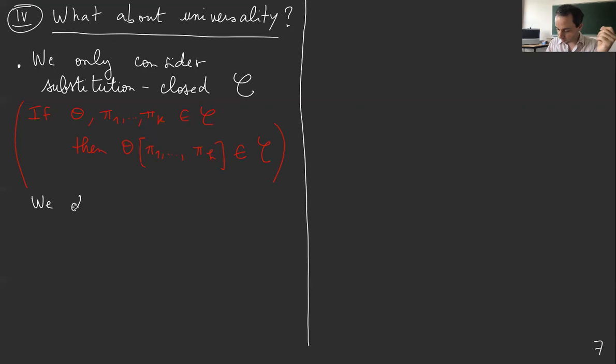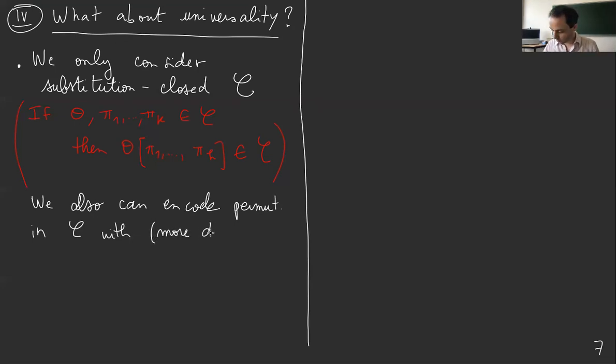Then we can encode permutations in C with more complicated trees.